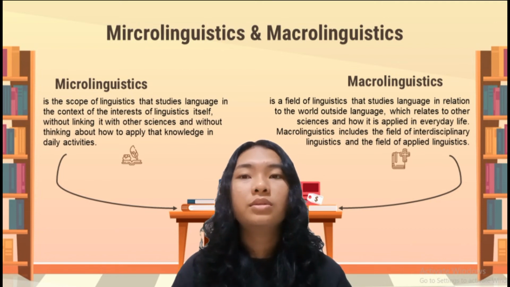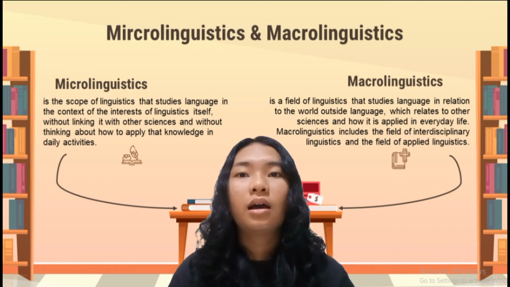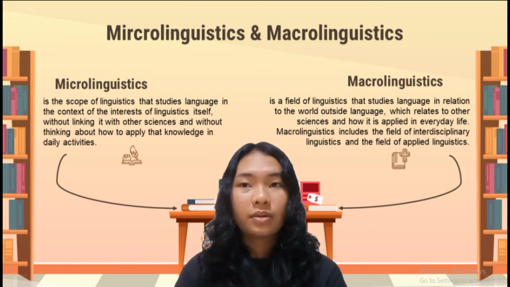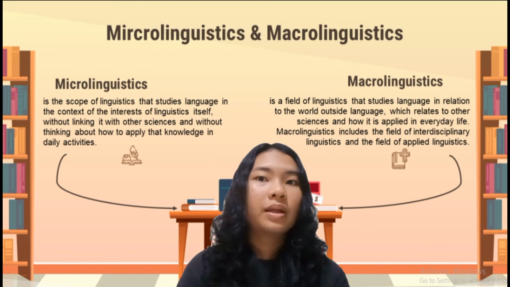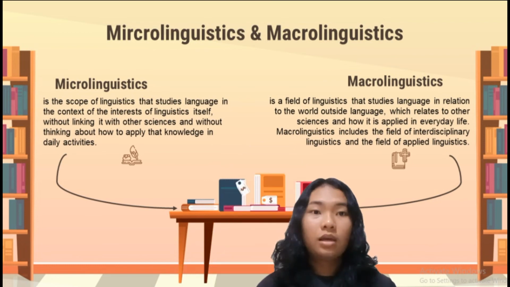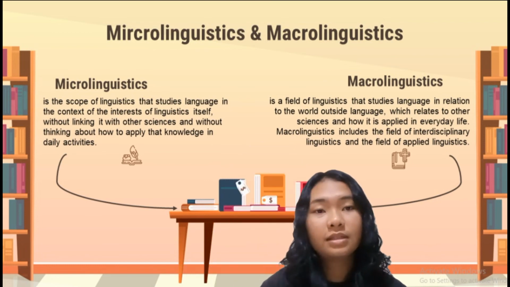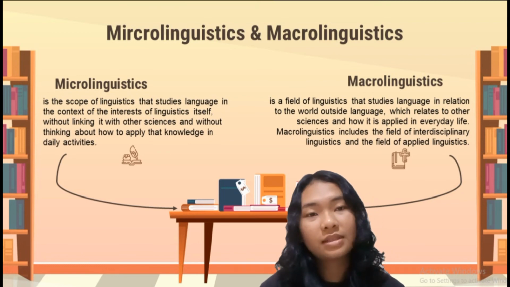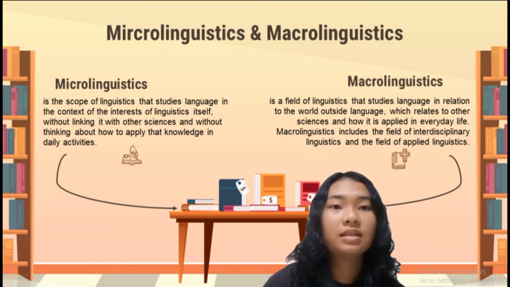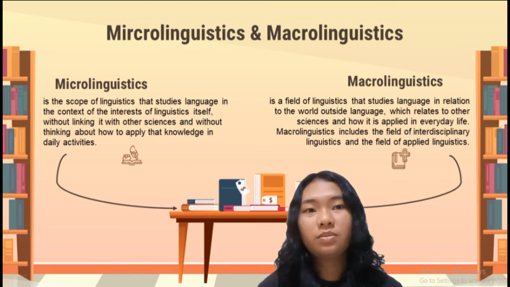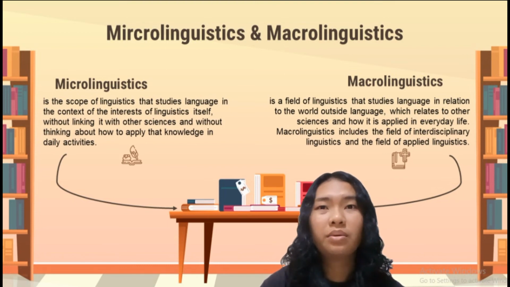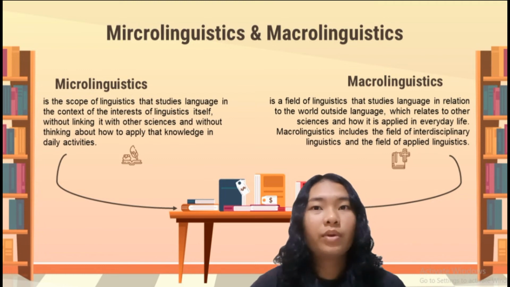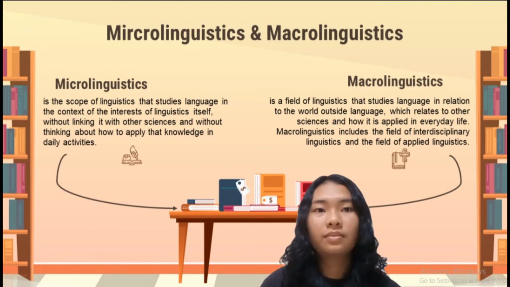Macrolinguistics includes the field of interdisciplinary linguistics and the field of applied linguistics. So the difference between microlinguistics and macrolinguistics is that micro is more specifically about language elements without influencing other elements.